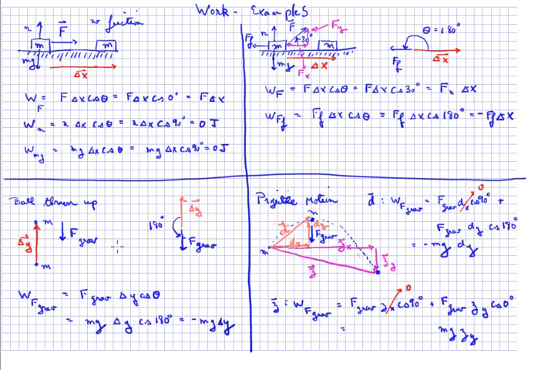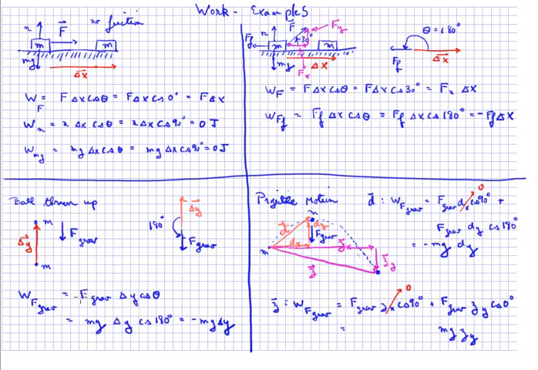Let's further consider the example of a ball thrown up with an upward displacement of delta y straight up in the air. The ball is going from here to here, an upward displacement of delta y. Let's think about what work the force of gravity, which is downward pointing, does on this mass.